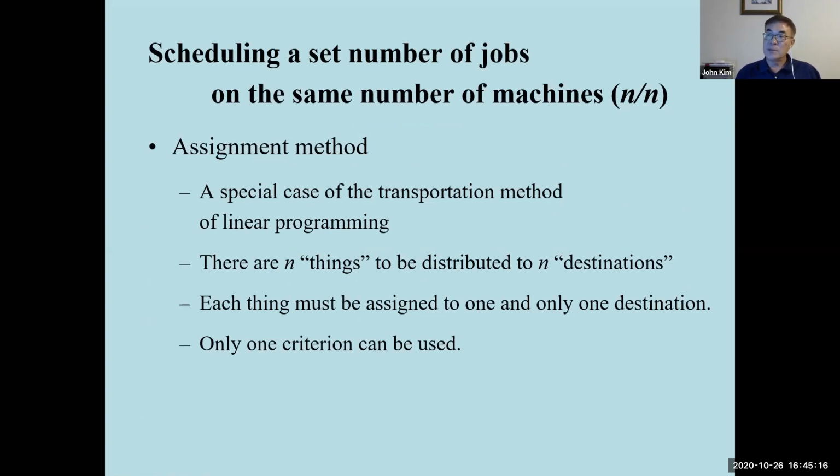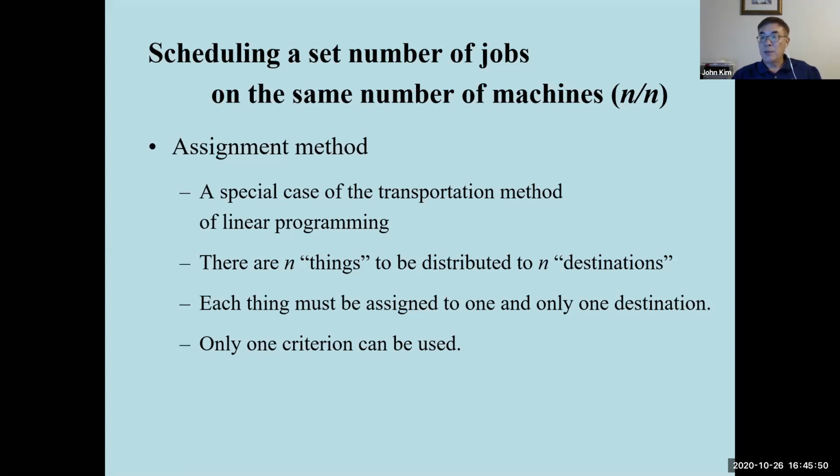Scheduling a set number of jobs on the same number of machines: the assignment method. If there are 5 machines and 5 workers, then assign 1 to 1.